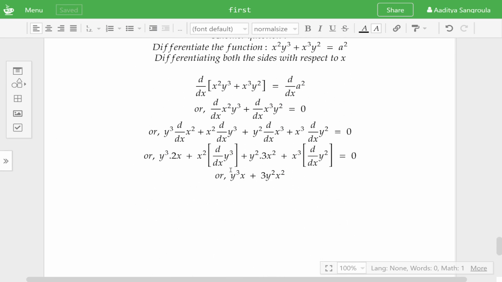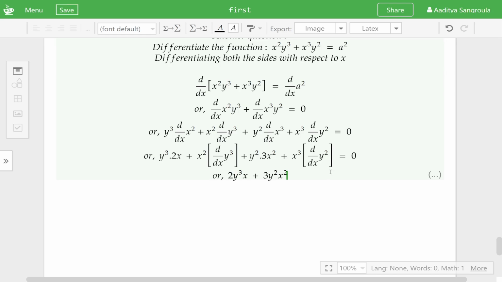Plus now we need to differentiate this. I'm writing the things just for the sake of clarity this time, and I'm feeling absolutely bored to write this, but still I'm writing it for you guys.